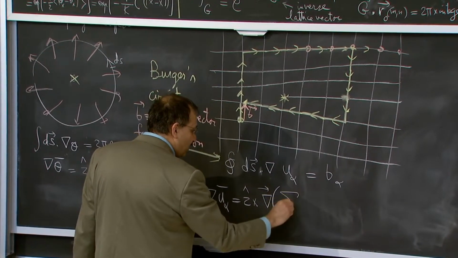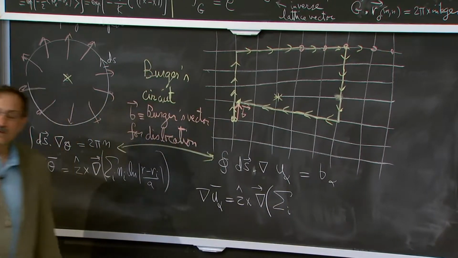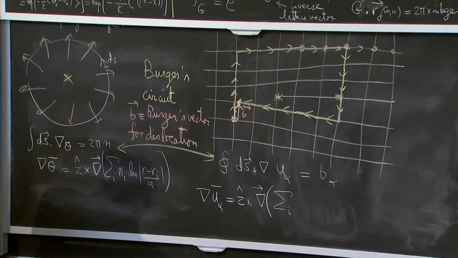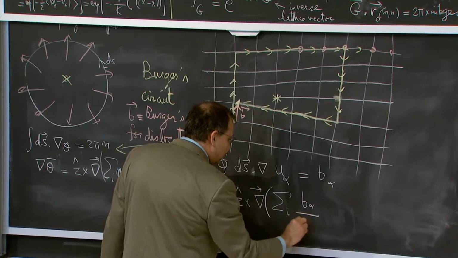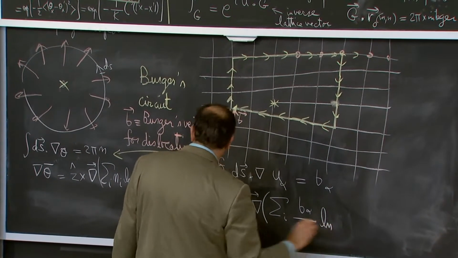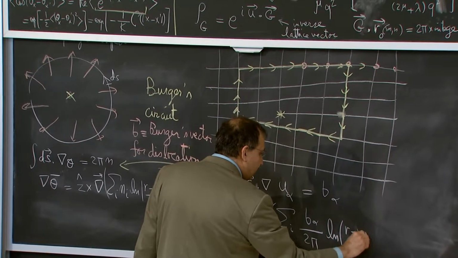a sum over all of the potential locations of my defects. Rather than n, I have b over 2, and it's a vector, log of r minus ri over.